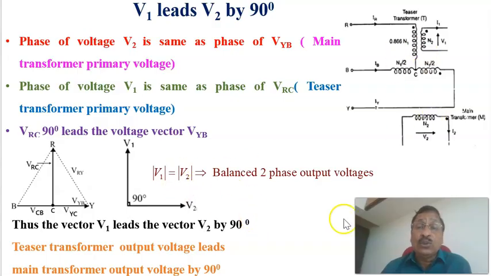Of course, the magnitudes are the same, but V1 is leading V2 by 90 degrees. Thus we get a balanced two-phase output from a balanced three-phase input. The teaser transformer output voltage leads the main transformer output voltage by 90 degrees, so we are getting a balanced two-phase voltage from a balanced three-phase input voltage of Scott-connected transformers.